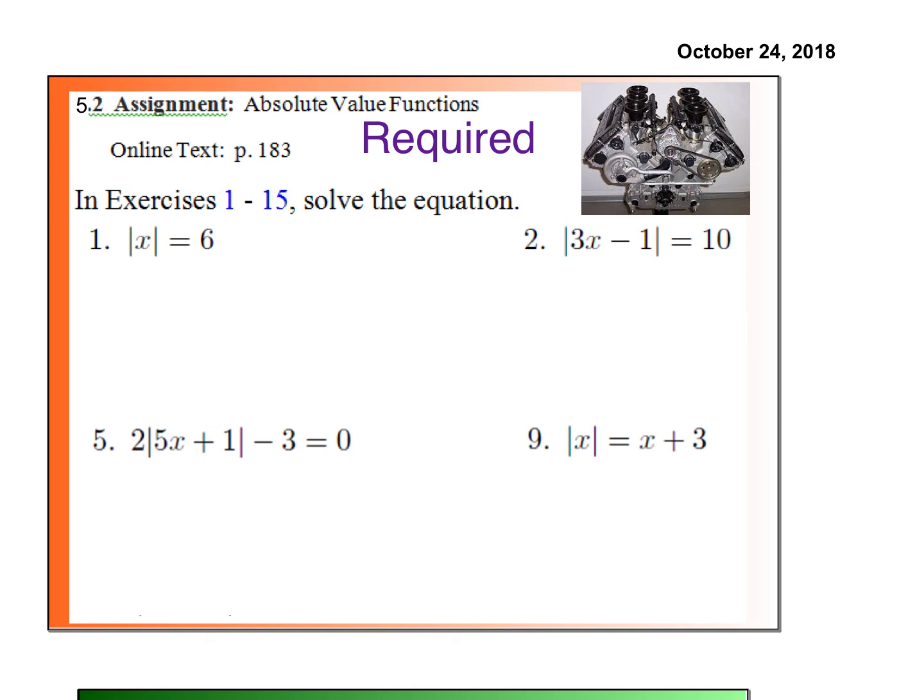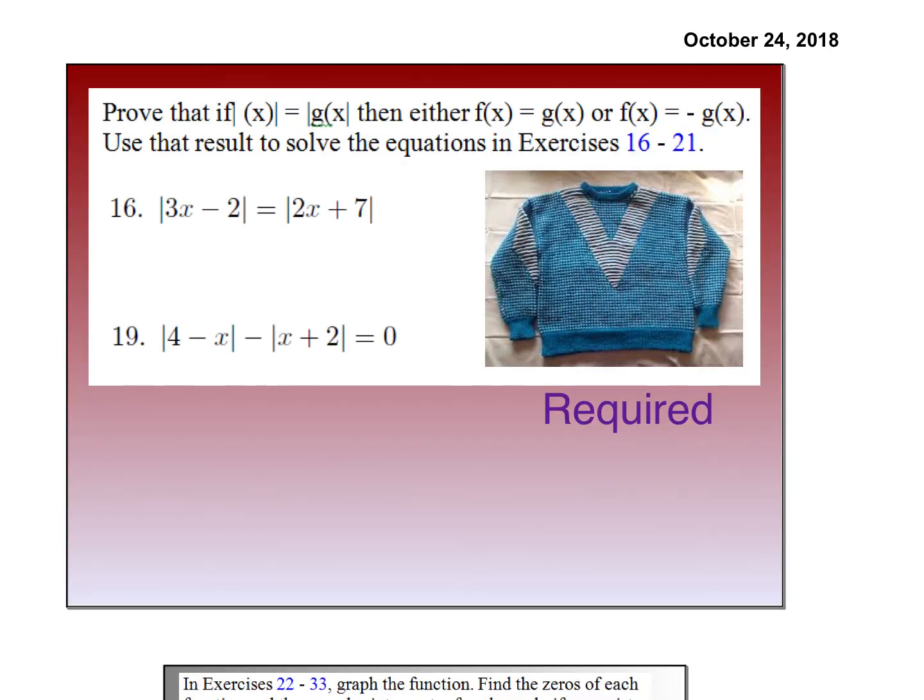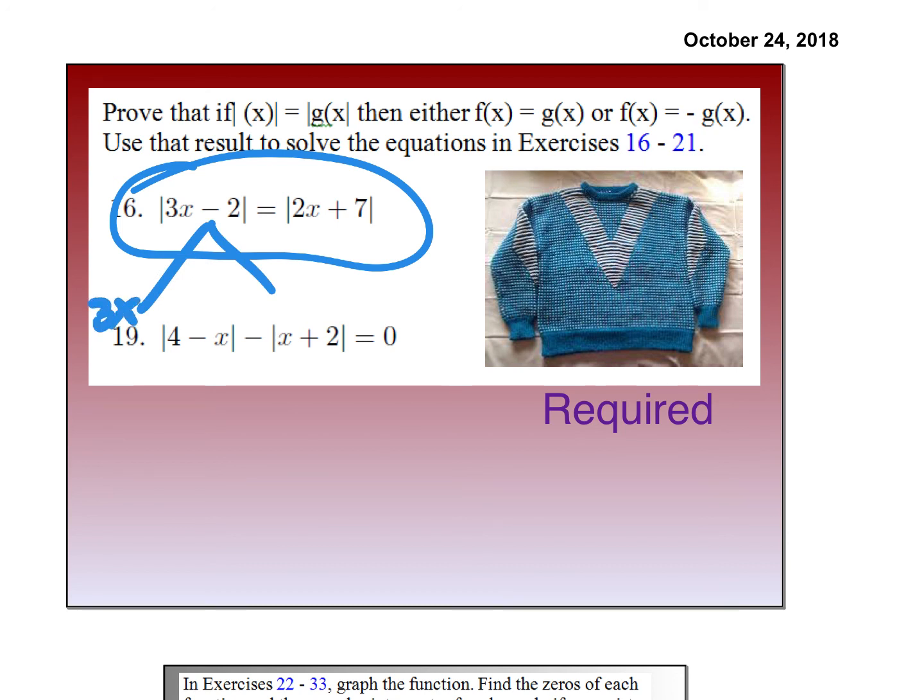Obviously, some of these are just super easy. When you have things like this, that's when I'd be suspicious that maybe I'm going to end up with more answers than actually work. Not saying that's for sure going to be the case, but I at least check my answers. If you split this into 2 things, it'd be 3x minus 2 equals 2x plus 7.